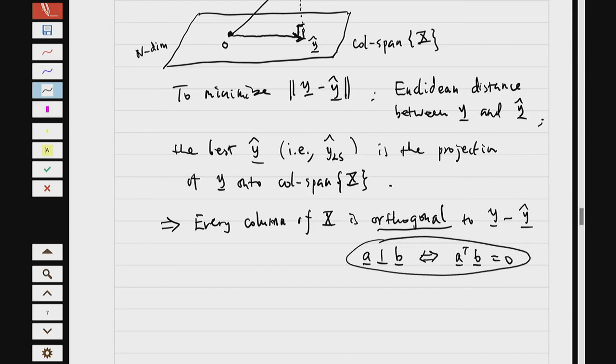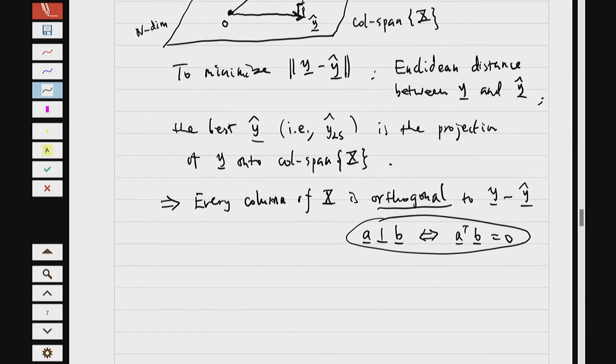So every single column of X has to have this relationship with this difference. Therefore, if we take the inner product between the columns of X and this difference, y minus y LS, the least square solution that we want to find, it has to be equal to 0.